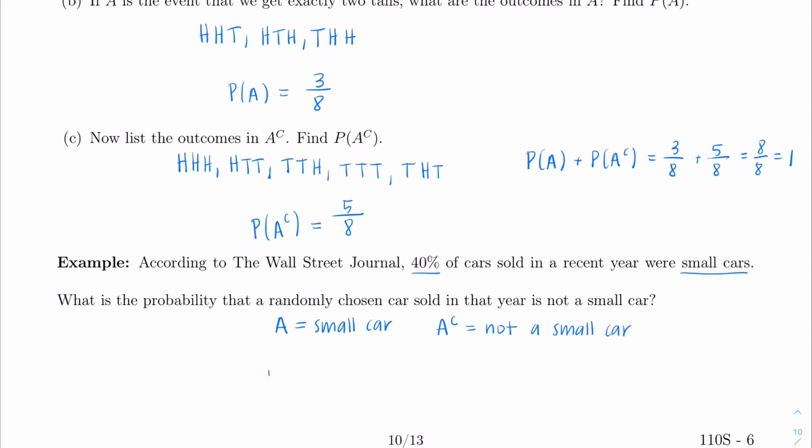Here, the probability of A, we were given, is equal to 0.4. And so the probability of its complement is going to equal 1 minus that probability. So I'm going to get 0.6, or 60%.